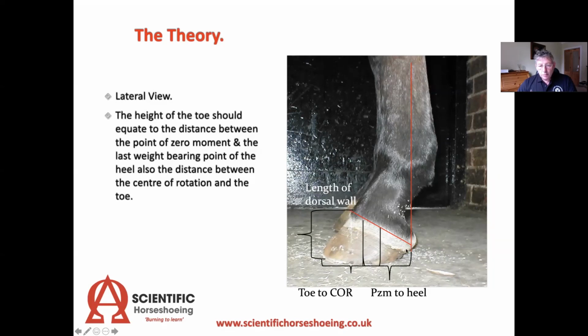The ratio here should be approximately 1 at the heel to 3 units at the toe. And that tells us that the hoof capsule is in geometric proportion, one aspect proportionate to the other.